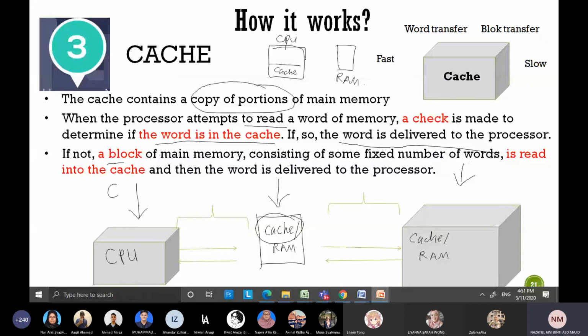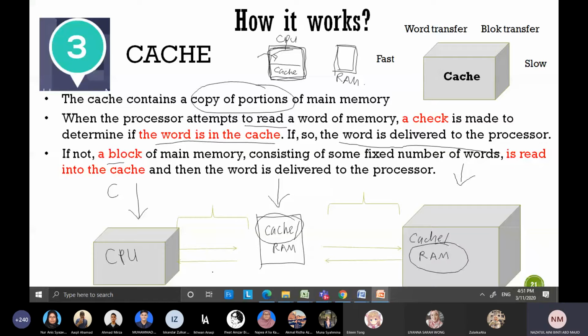When you find the CPU, the cache is inside that. The RAM is another component outside. So the cache is here and this one should probably be the RAM.